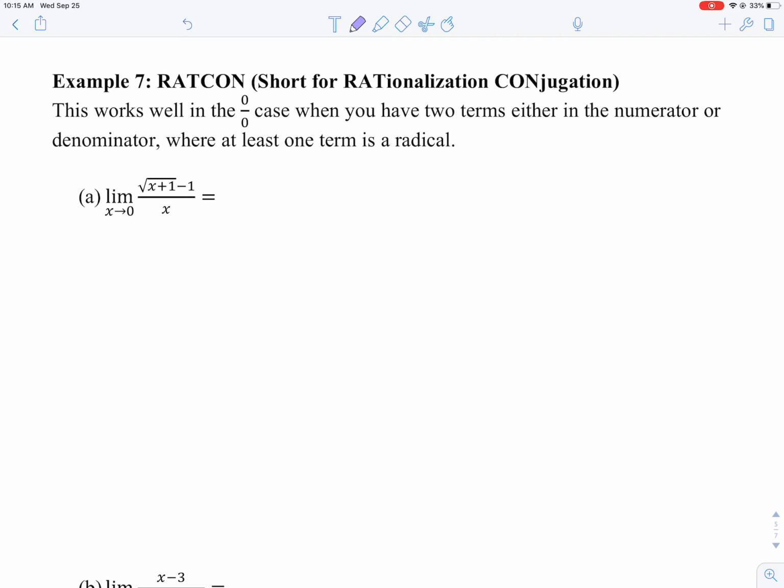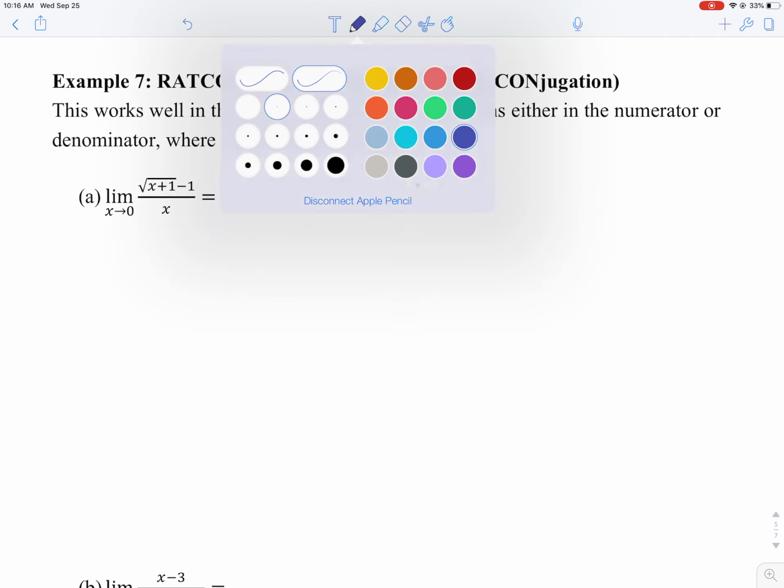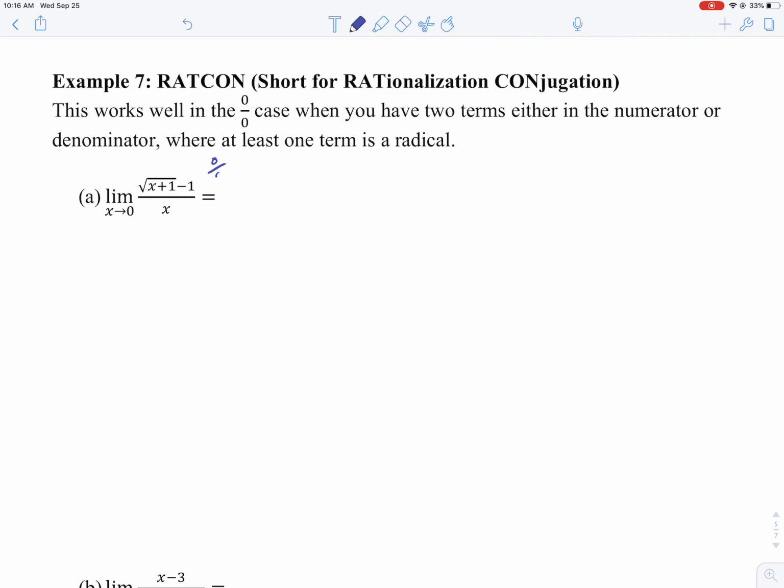Okay. So this is for when you run into the 0 over 0 case when applying direct substitution. And you have some work to do to get rid of what's causing the 0 over 0. So we could see that if we plug 0 in for x in this first example, we would end up with 0 over 0.